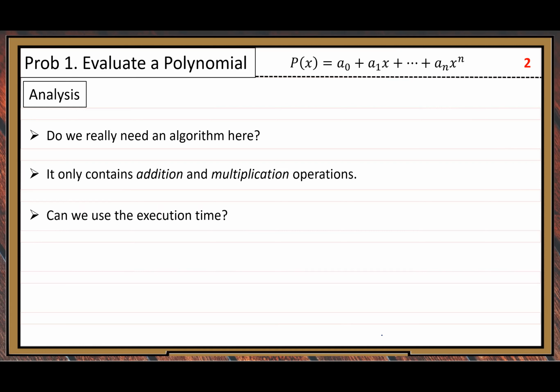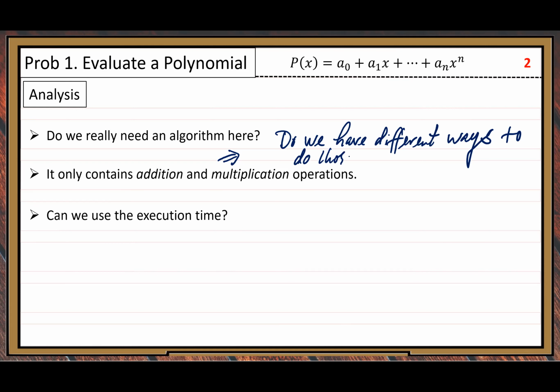and multiplications? From this observation, the question: do we have different ways to do those additions and multiplications?